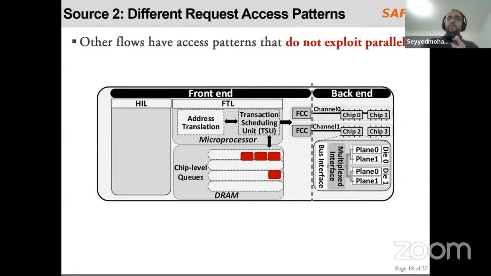The problem is that when our blue flow, which ideally should take advantage of parallelism, comes after the red flow, it needs to wait for the red flow. And since the red flow does not take advantage of parallelism, the latency advantage of the blue flow is also gone completely.